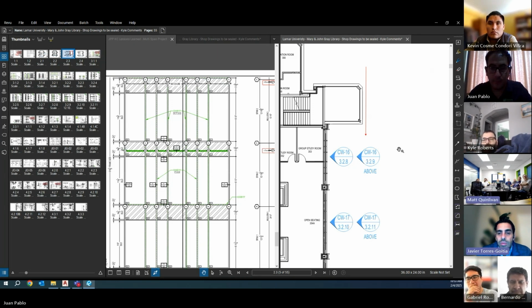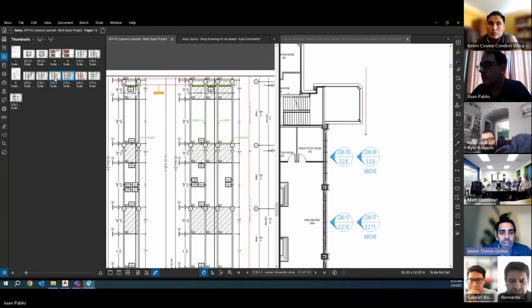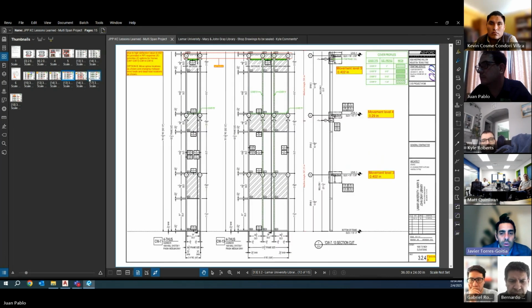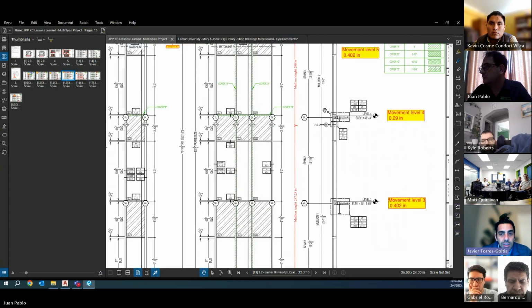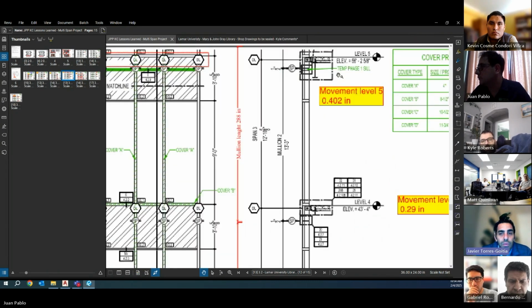I had one question. Did we consider splicing in the vision area, and why not? I believe we did. It was the combination of the wind load and the service load deflections that didn't really allow for those splices there. On level 5, for example, you have 0.4 inch movements.